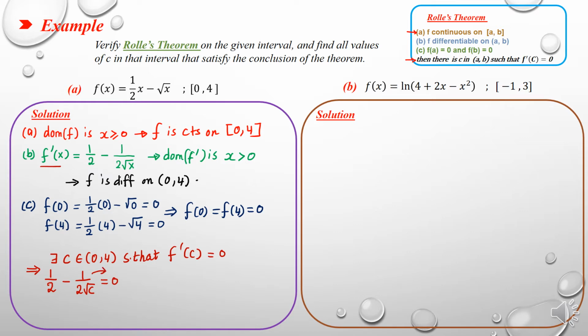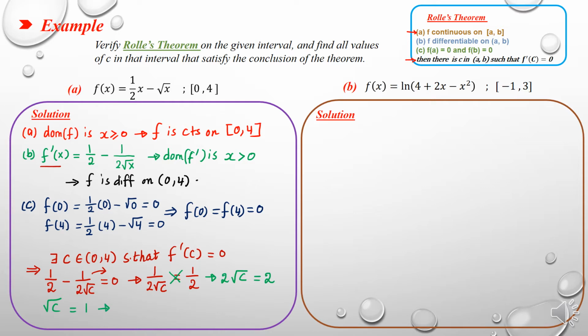Move this term to the right-hand side, and you get 1/(2 square root of c) equals 1/2, and by cross-multiplying you get 2 square root of c equals 2. Divide by 2 on both sides: square root of c equals 1.